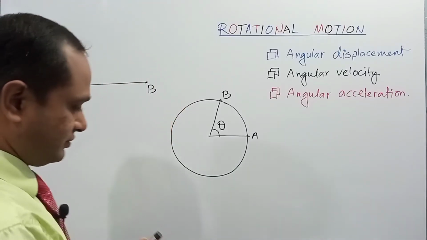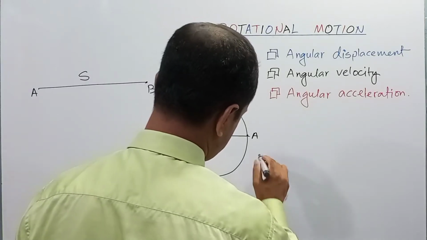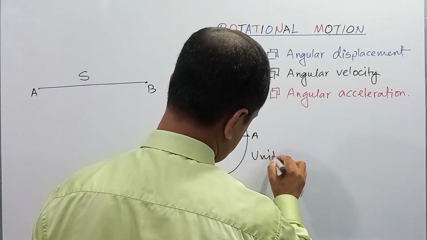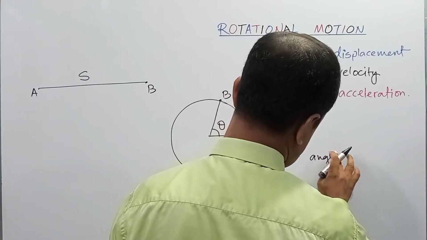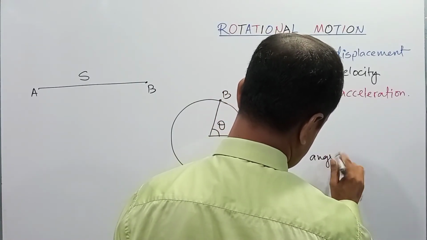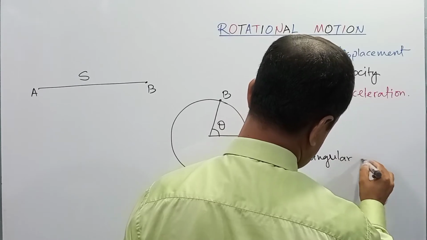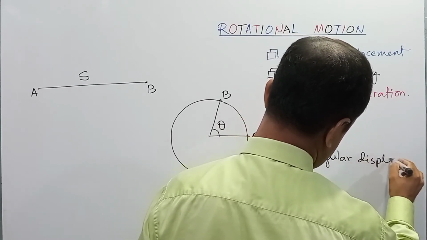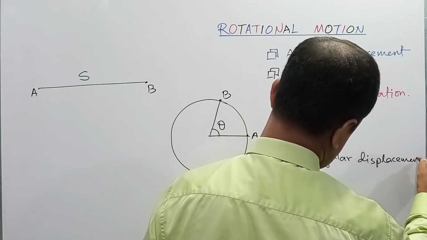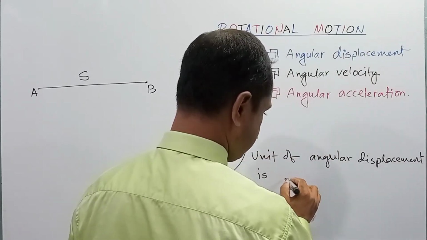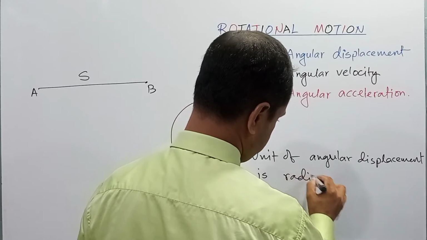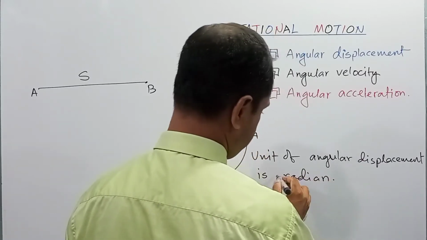So the unit of angular displacement is radian, right?